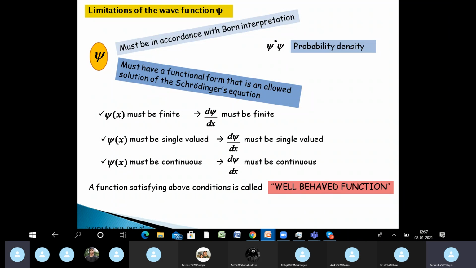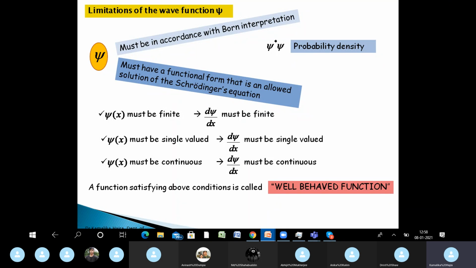Okay, please remember these three conditions very well, because when we are going to solve the Schrodinger equation under different conditions, these are the conditions that will give us the boundary conditions. Okay, so using these we will find out the different constants.